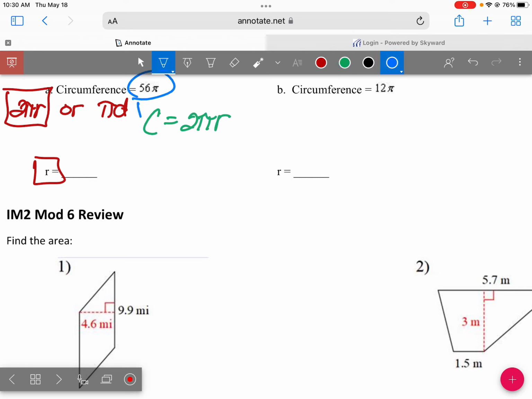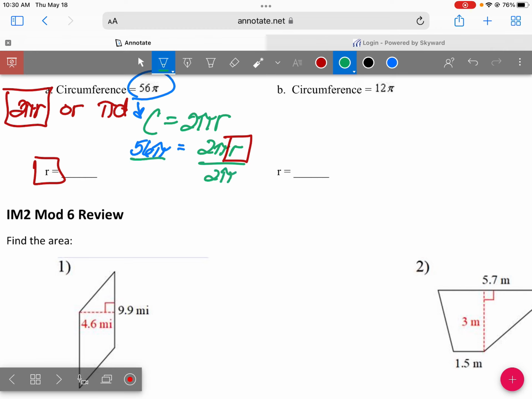Circumference is 56 pi. Put that in place of C. 56 pi equals 2 pi r. Solve for r to be by itself. What would I need to do? Divide by 2 pi.